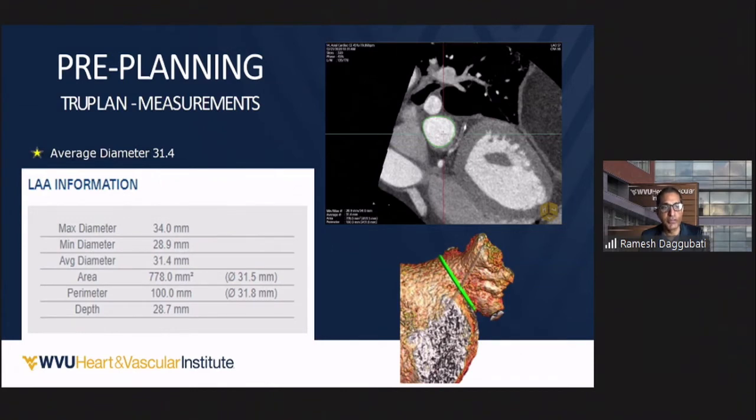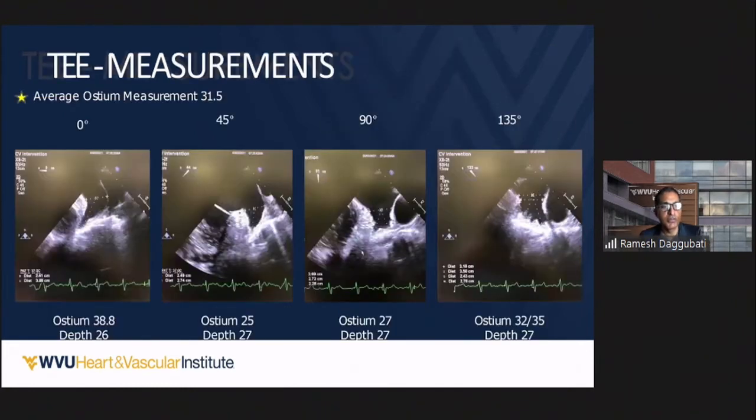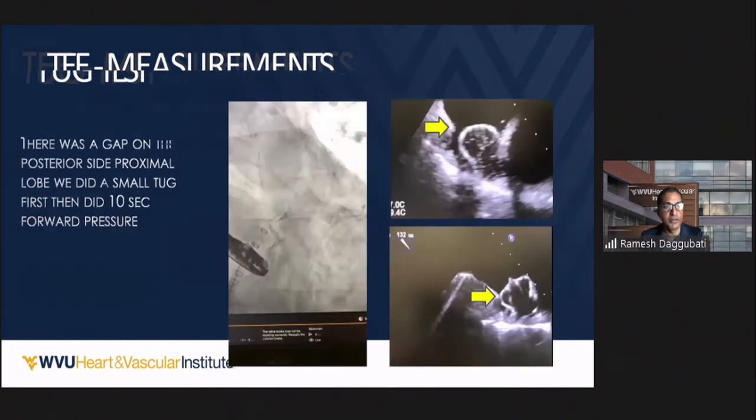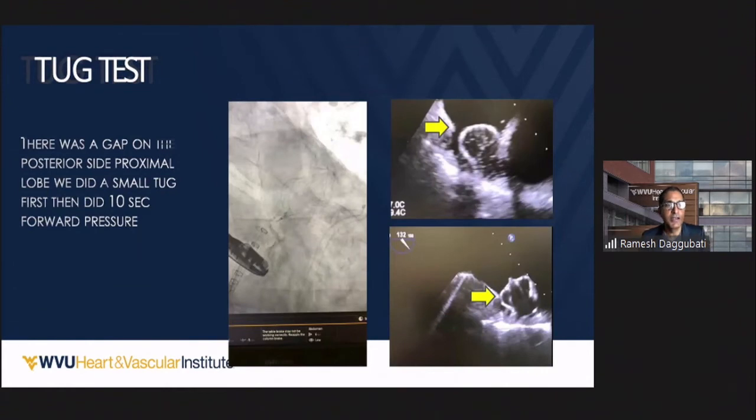As you can see, area is 778 and the depth is actually 28.7 millimeters, which is good. The same thing on the TEE, when we looked at it, you can see at 0 degrees, ostium is 38.8. And it is varying so much between 0 to 135 degrees, from 25 all the way to 38 millimeters of ostial diameter.